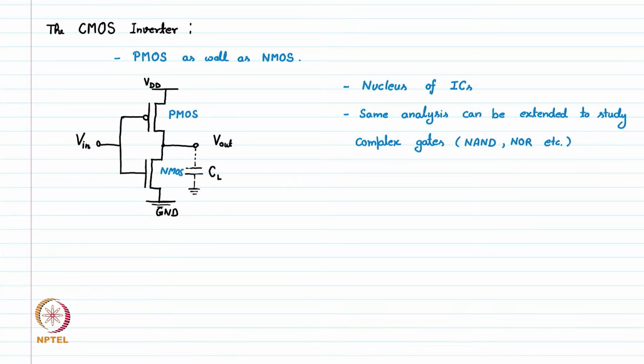So this inverter is present almost in all the ICs, and we study this CMOS inverter for multiple factors. The very first one is the cost. So the cost is in terms of area and the complexity of the circuit.